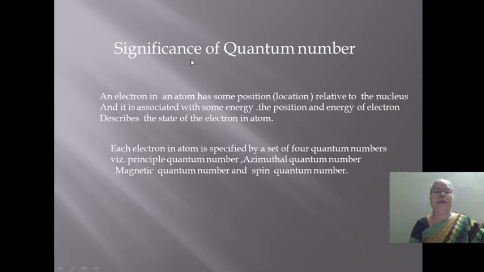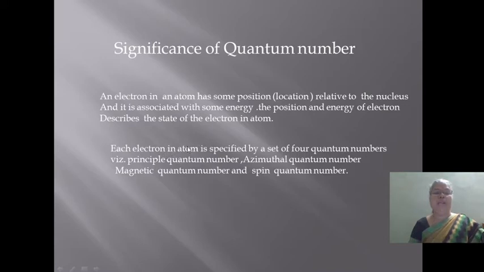Then, regarding the significance of quantum numbers, an electron in an atom has some position, that is location, relative to the nucleus, and it is associated with some energy. The position and energy of the electron describe the state of the electron in an atom.